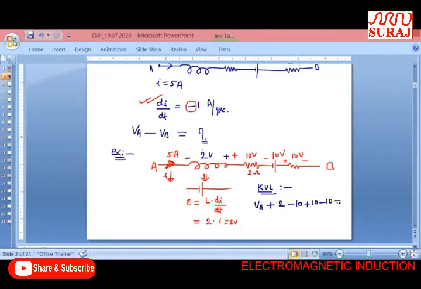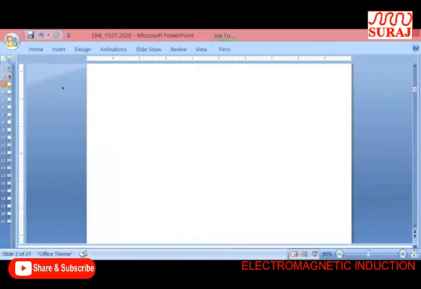Again this voltage drop, plus 10 for the battery. Then minus 10. Then you have reached the point B. It means VA minus VB can be written as 8 volt. So this is the basic question that you should be able to handle.